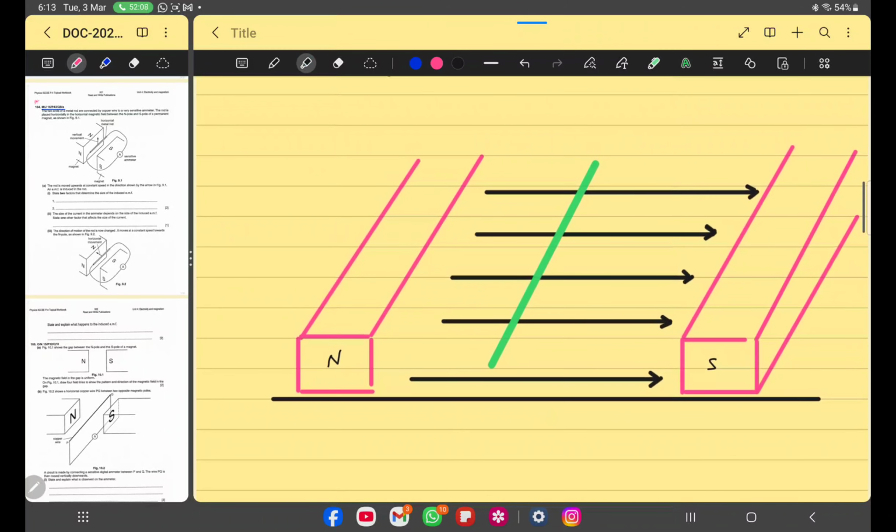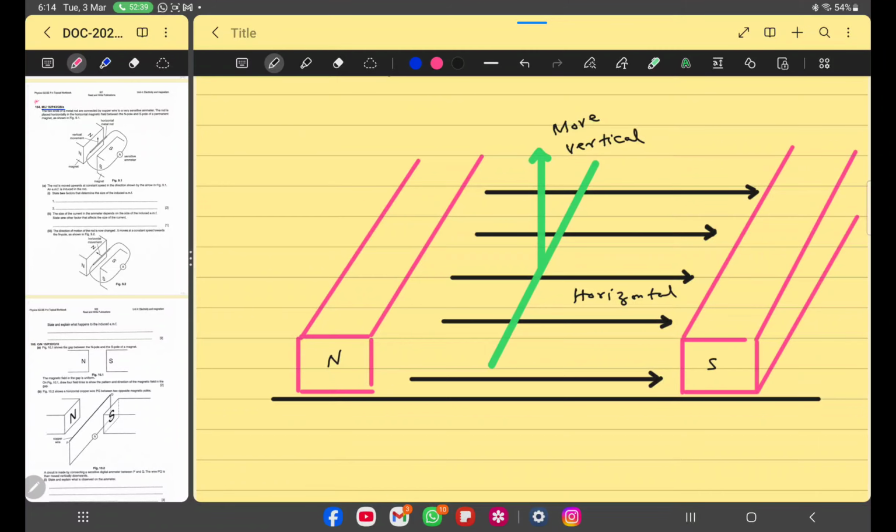If I move this green rod in upward direction, then you can see the movement is vertical, and magnetic lines are horizontal. Then current must be produced in the rod.